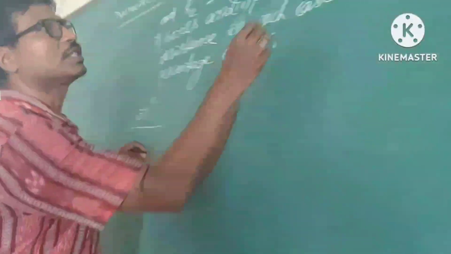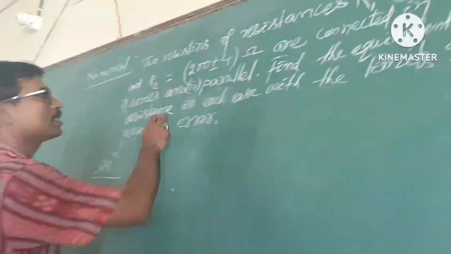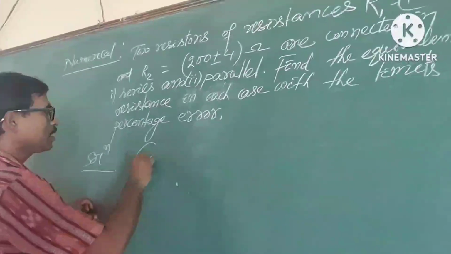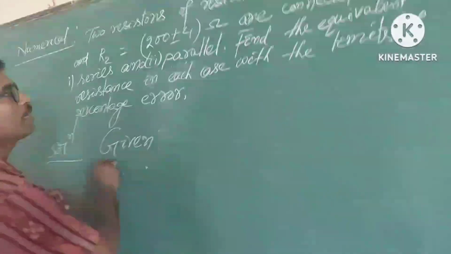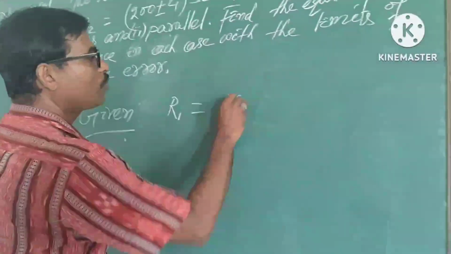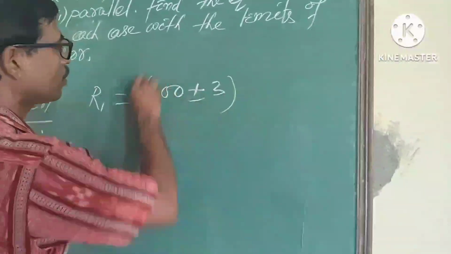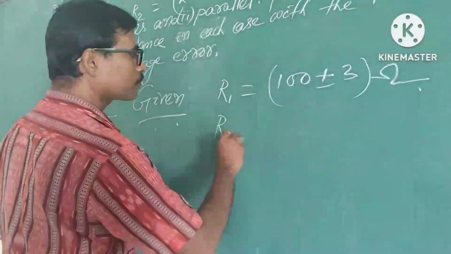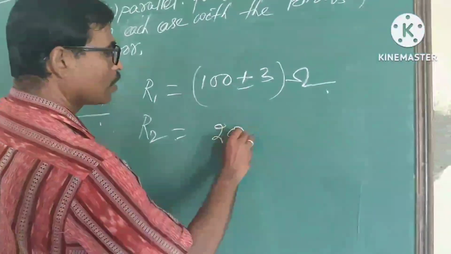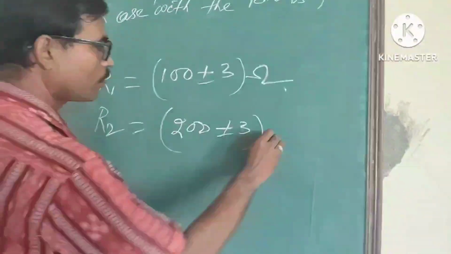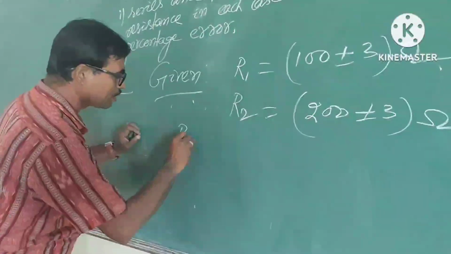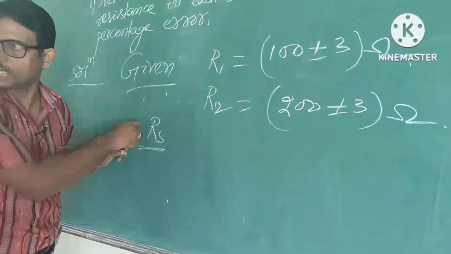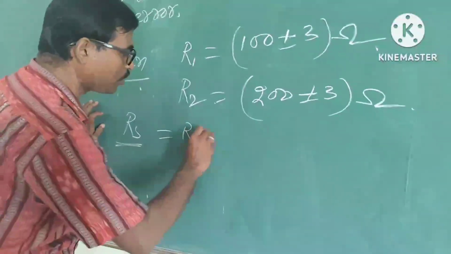Solution. The question is, find the equivalent resistance in each case. So what is given? R1 is 100 plus minus 3 ohm. R2 is 200 plus minus 4 ohm. Now the first one is Rs. When resistances are connected in series, Rs is R1 plus R2.